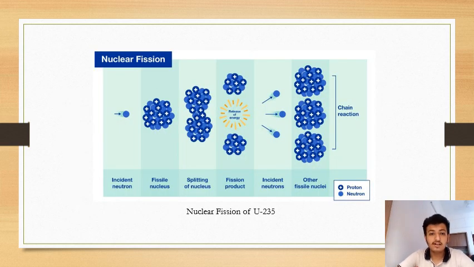Now let us better understand this process of nuclear fission through this diagram. Here we have this incident neutron which attacks, let us say, a uranium 235 atom, and it splits the uranium 235 atom, which releases a lot of energy along with 2 to 3 more neutrons, which further attack other surrounding uranium 235 atoms, and this generates a chain reaction, and this process goes on and on.